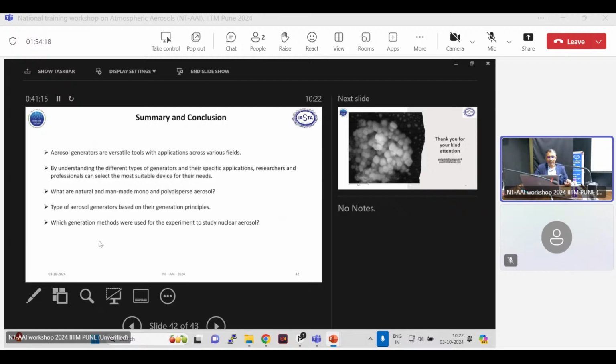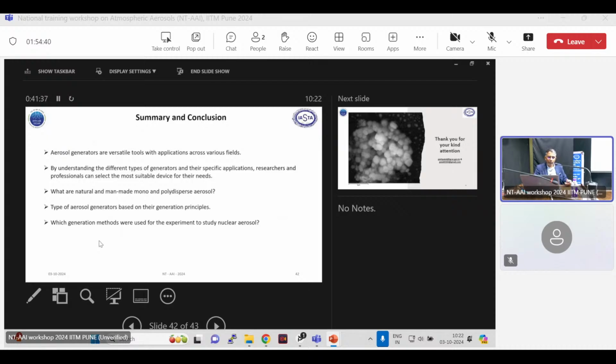Then lastly, summary and conclusion. Aerosol generators are a versatile tool with applications in various fields, from industry to health to agriculture to research. By understanding the different types of aerosol generators and their specific applications, researchers and professionals can select a more suitable device.